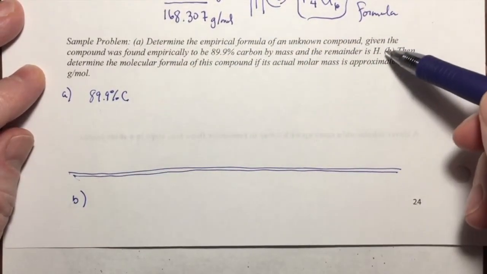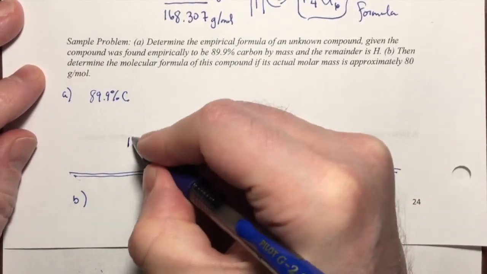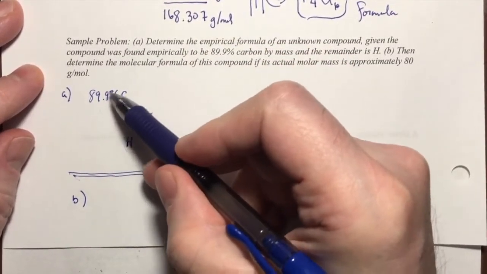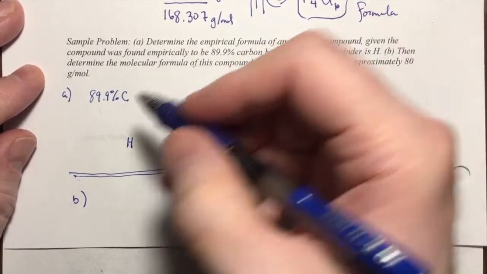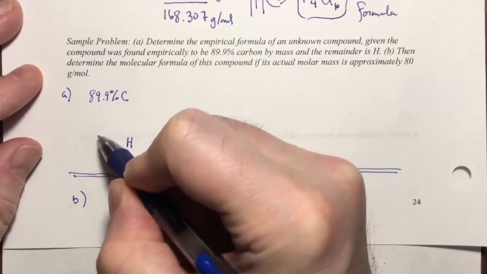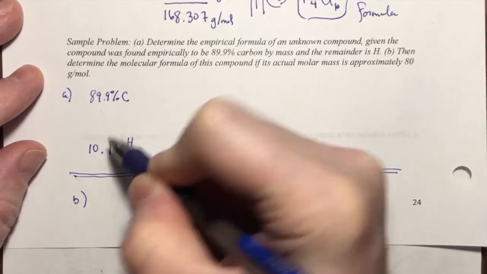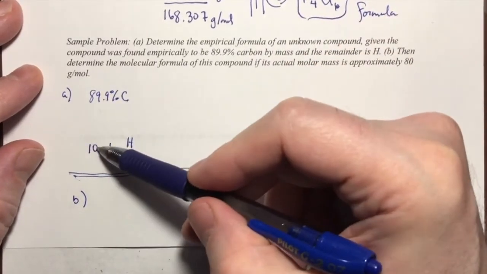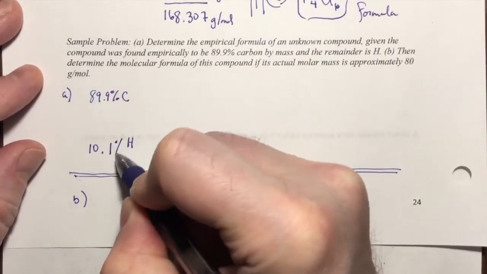And the remainder is hydrogen. If the remainder is hydrogen, then 100 minus the carbon percentage gives me hydrogen. I can do that in my head, or on a calculator, but it's going to be 10.1. 89.9 plus 10.1 gives us 100%. So there's my percentage of hydrogen.